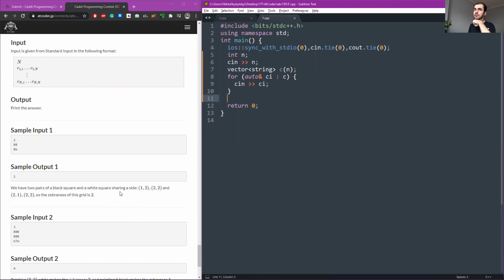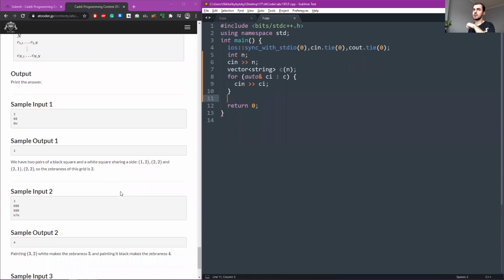Want as many different pairs as possible. Clearly we do not influence pairs that already exist, right? All we influence is we have some region of question marks, entire region. And then we know what are the boundary cells for this region.